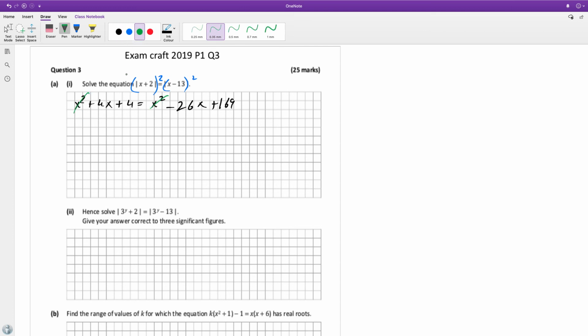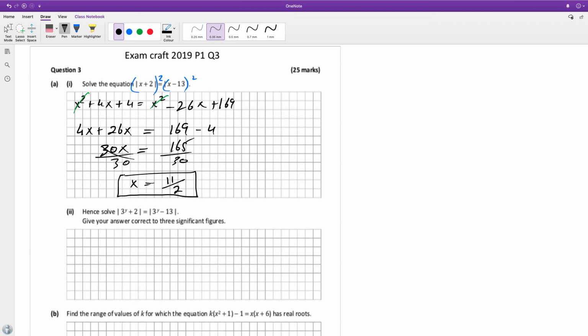X squared and x squared. 4x plus 26x is equal to 169 minus 4. 30x is equal to 165. Divide both sides by 30. X is equal to 11 over 2.